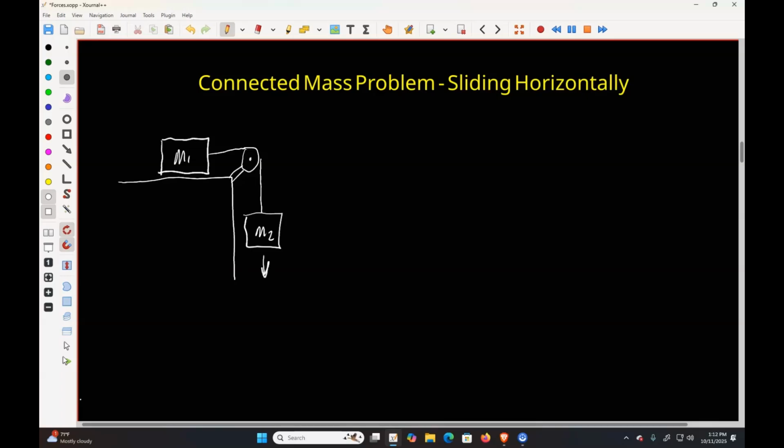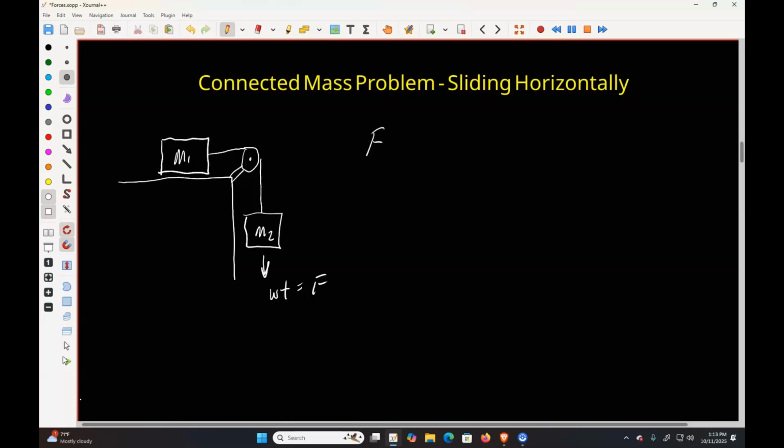The weight is my force pulling it downward. So my weight here is going to be equal to my applied force. Let's assume that this is a frictionless surface. It gets a little more complicated when we add friction. That'll be for a later video.